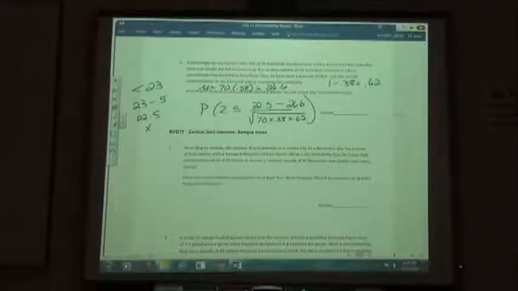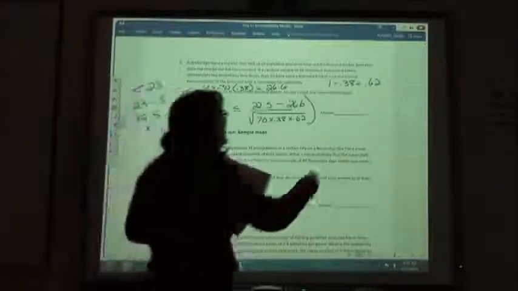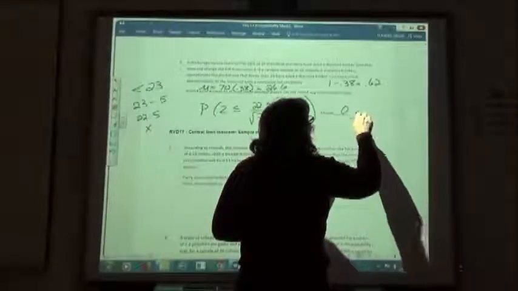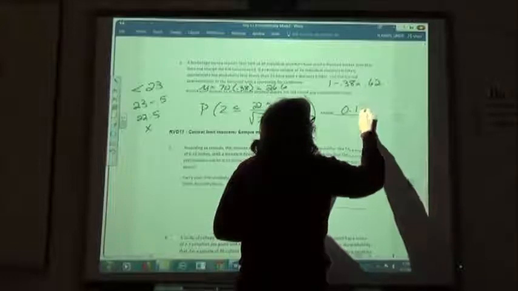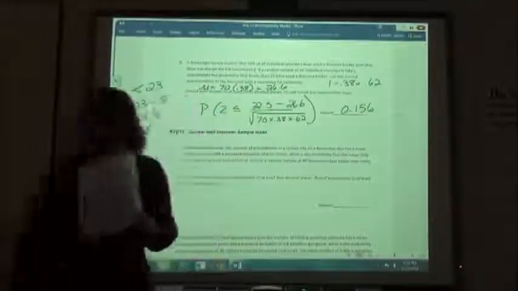And then you highlighted that and divided it by the square root of 70 times 0.38 times 0.62. There, that looks better. And we got for our answer 0.156.